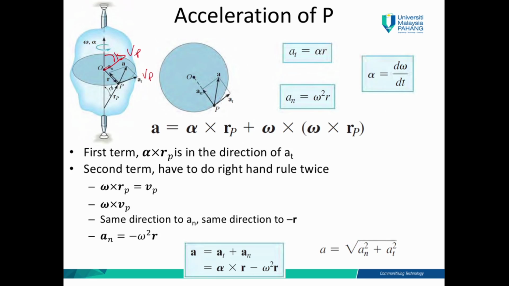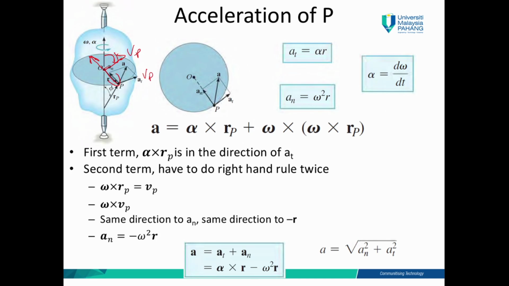Using the right hand rule, you should get that the direction will be like this, right? Which is actually the same direction as negative r. So r is in this direction, but the cross product of omega with vp will be in the opposite direction of r, which is actually the same direction as AN.